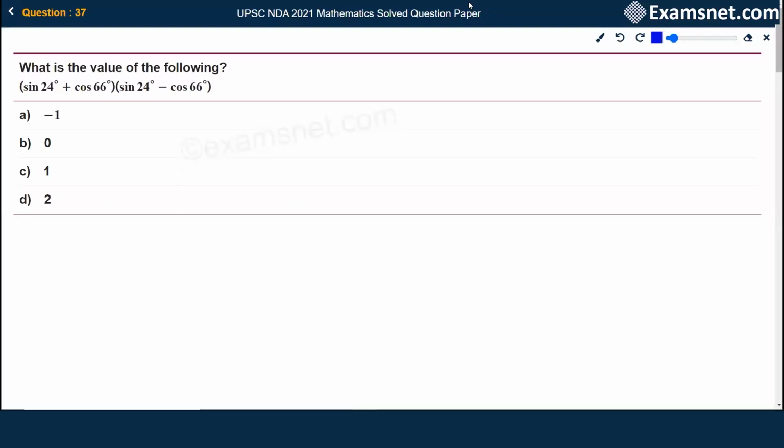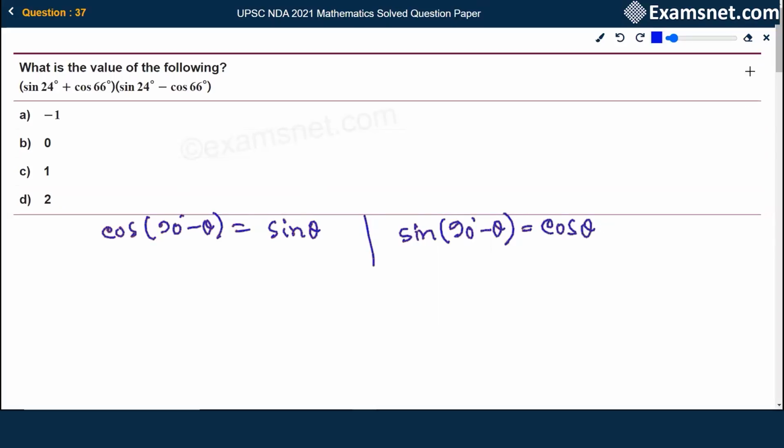What is the value of the following: sine 24° plus cos 66° times sine 24° minus cos 66°. From the complementary relation, we can write that cos of 90° minus theta will give us the value sine theta. Also, sine of 90° minus theta will give us the value cos theta.